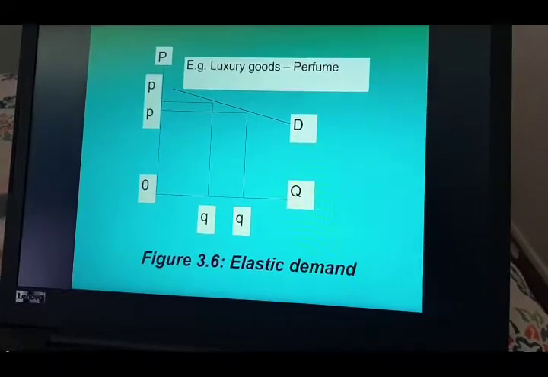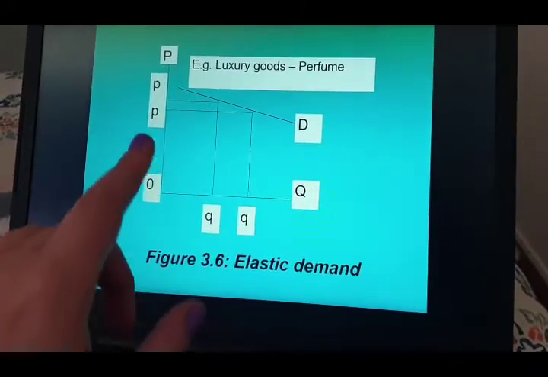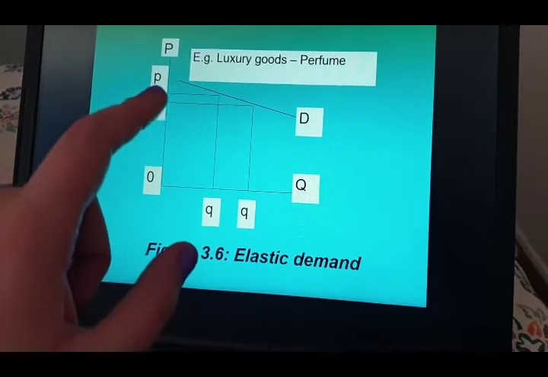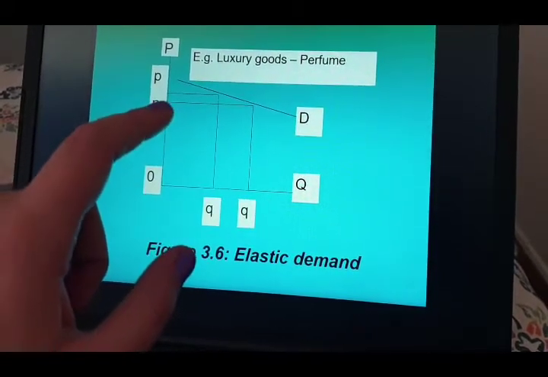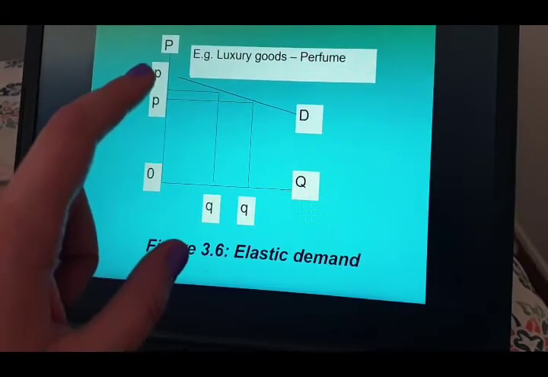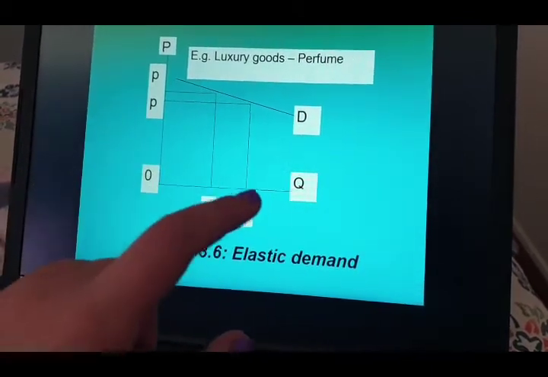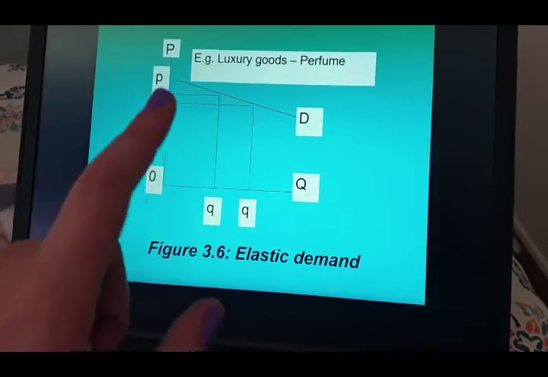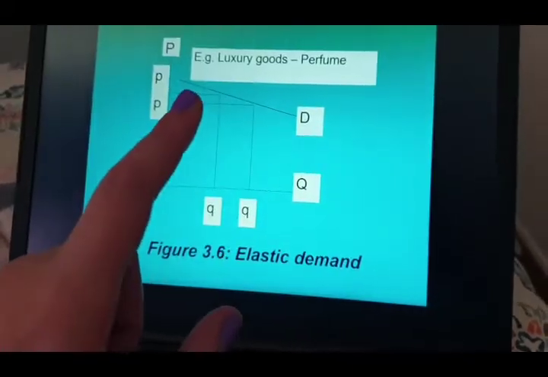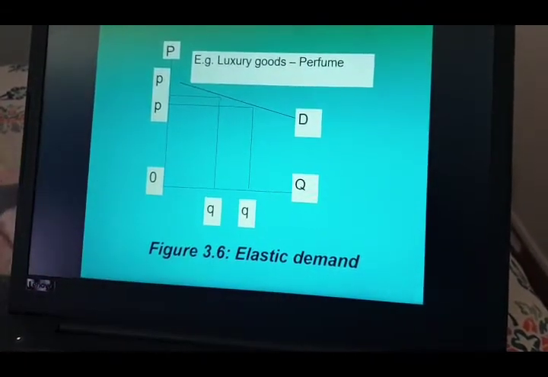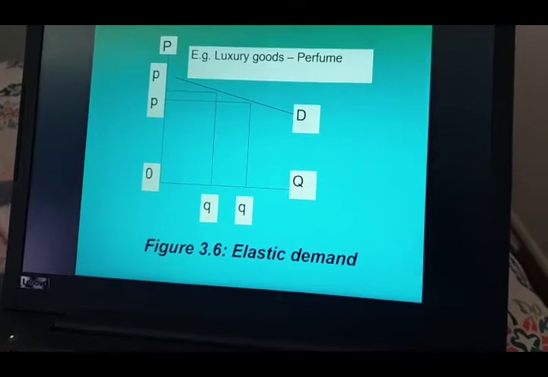Because it means if there's even a small percentage change in the price, 10%, so my perfume increased by 10% from P to P1, then there will be a big change in the quantity demanded from Q to Q1, and that's why my curve is almost flattened.